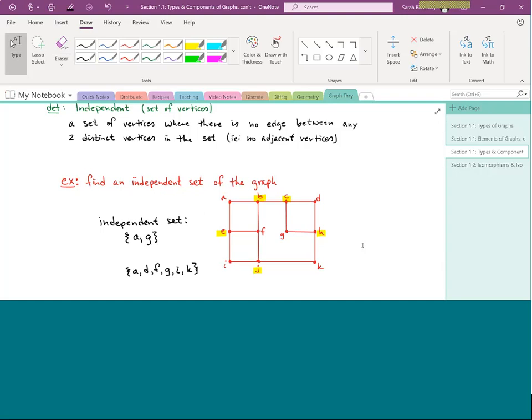And if you look at the minimal edge cover, the vertices that are not in that minimal edge cover will form a maximal independent set, or if you will, the maximum independent set.